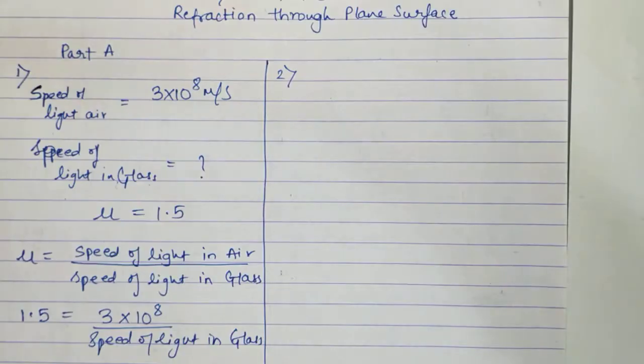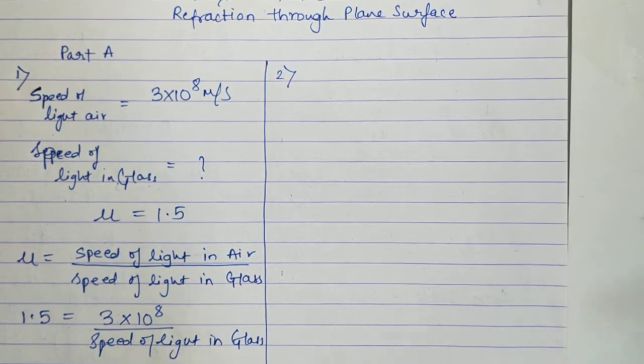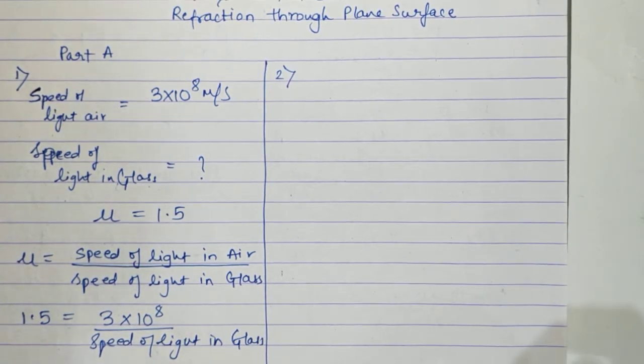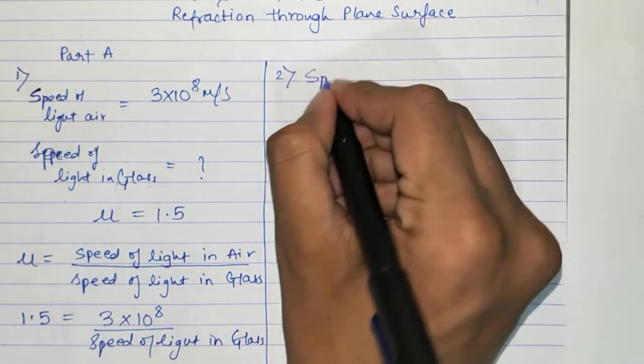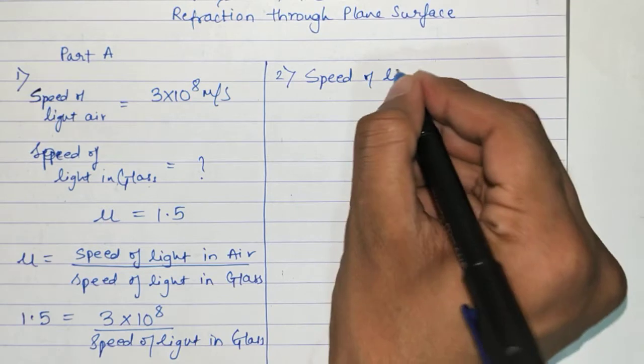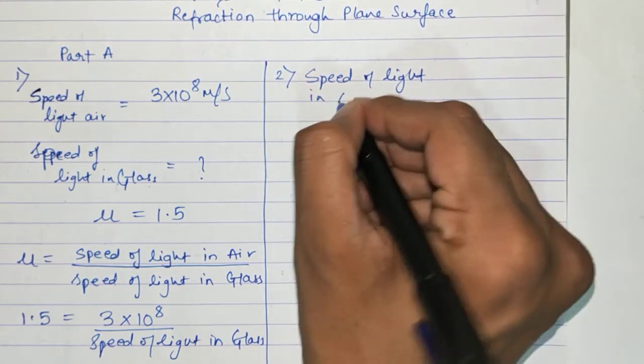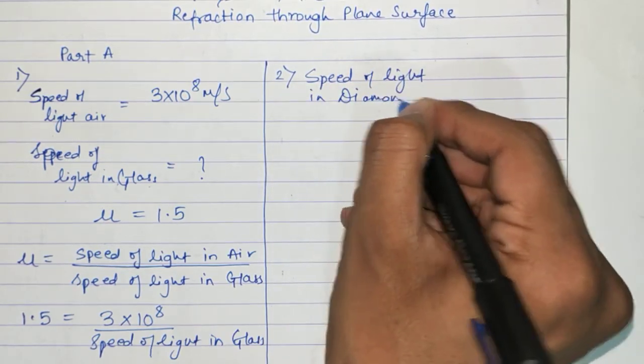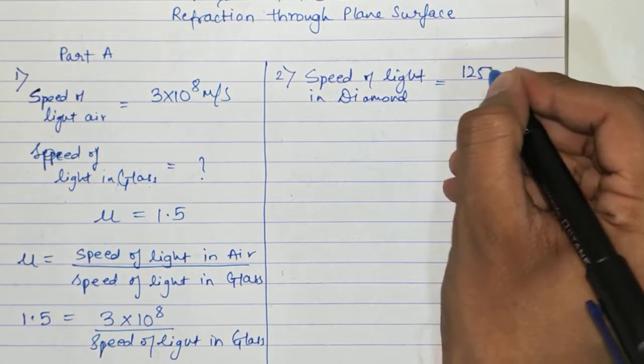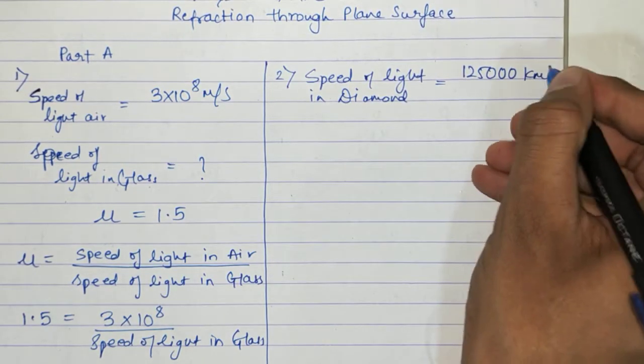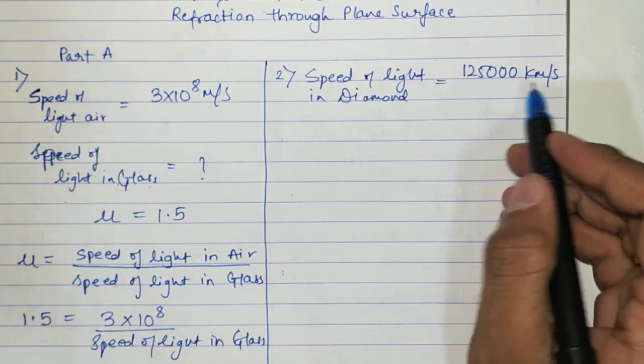Second question. The speed of light in diamond is 125,000 kilometers per second. Now this is kilometers per second.